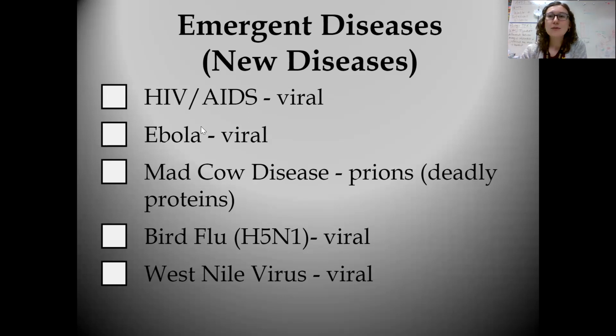Ebola, I'm sure you guys have heard of Ebola as well, a transmitted virus. A lot of these, interestingly, are all viruses in nature. Avian flu or bird flu is very similar to the human flu that affects us. You've probably heard, especially with COVID-19, that H1N1 is our influenza.